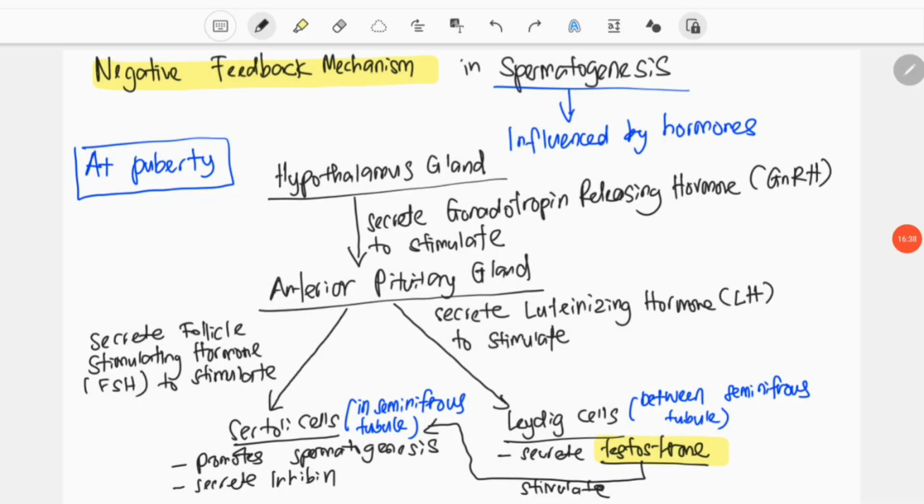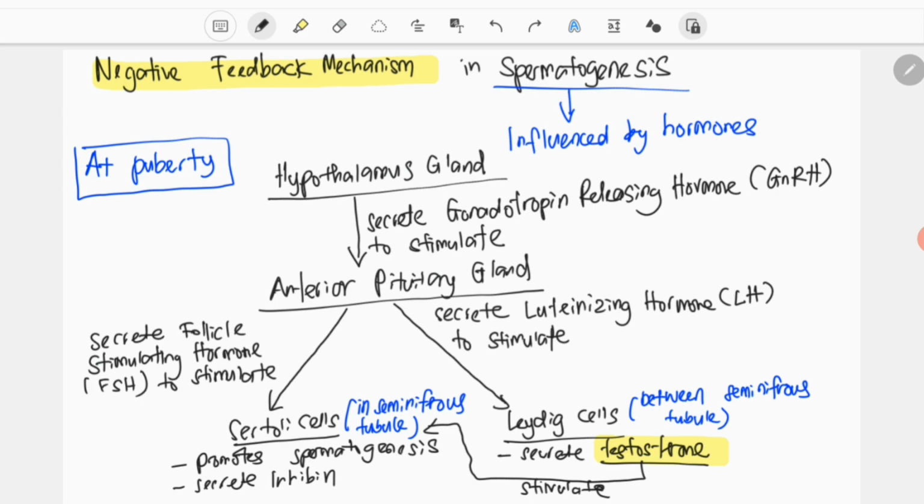So ni adalah hormon involved during spermatogenesis. So start daripada hypothalamus, secrete GnRH. GnRH akan stimulate anterior pituitary gland, and then anterior pituitary gland pula akan secrete dua hormon, iaitu LH dan juga FSH.